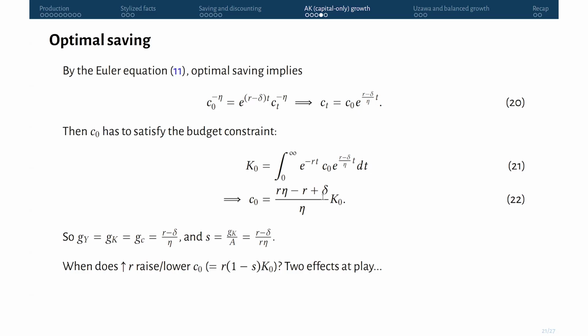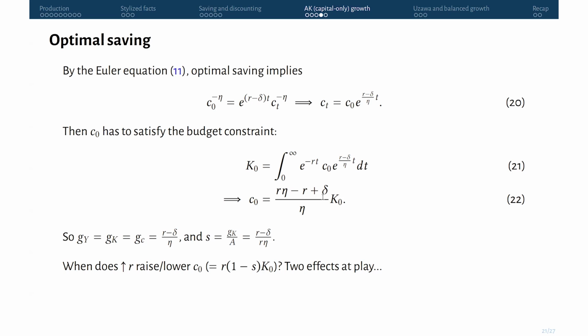Just dividing through by eta, you've got r times eta minus 1 in the numerator. Actually, you don't need to divide at all. Eta minus 1 is the coefficient on r in the numerator. And that'll be positive if eta is greater than 1.